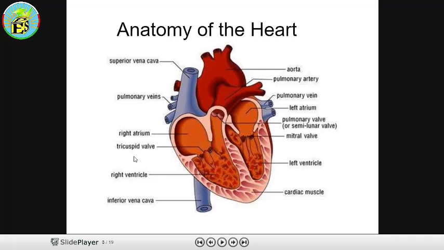From here, if you can see, I will give you a brief introduction about the heart. These are the pathways or passages from where blood enters or leaves. We will discuss these in the later part of the study. First of all, I just want to show where the pumps are.